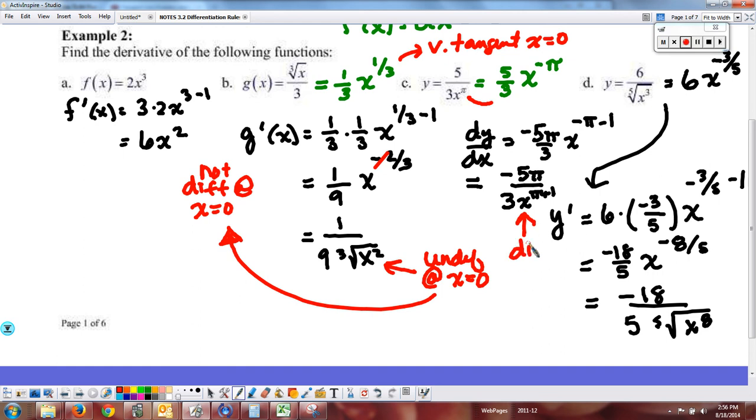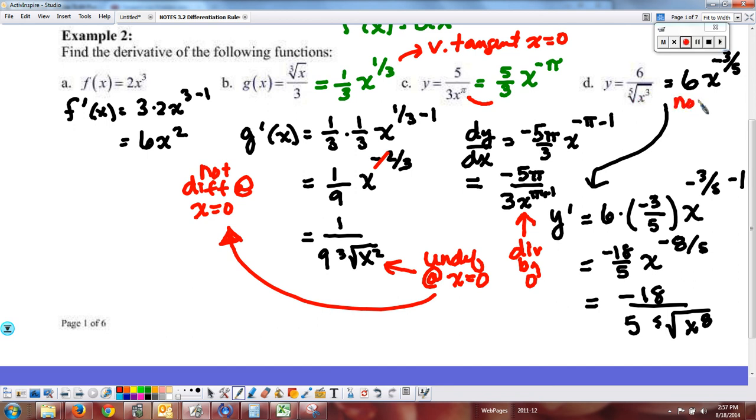And so that's also going to tell us that if I were to take the derivative and try to plug 0 into the derivative, it would be undefined, which is also telling me it's not differentiable at x equal to 0 for this function. So you'll see that it definitely works out. Same thing's true here. This is a division by 0 problem.